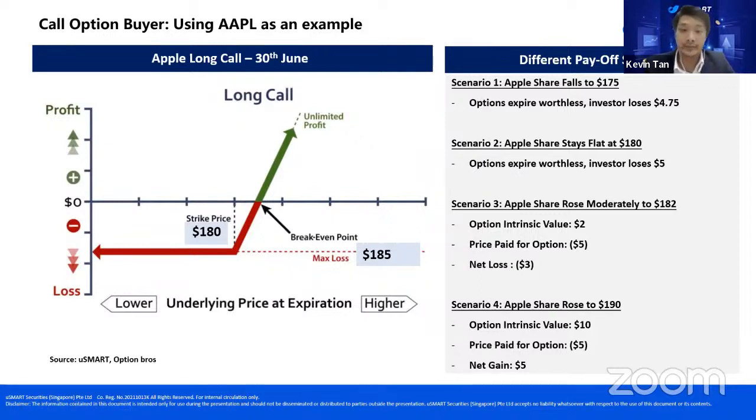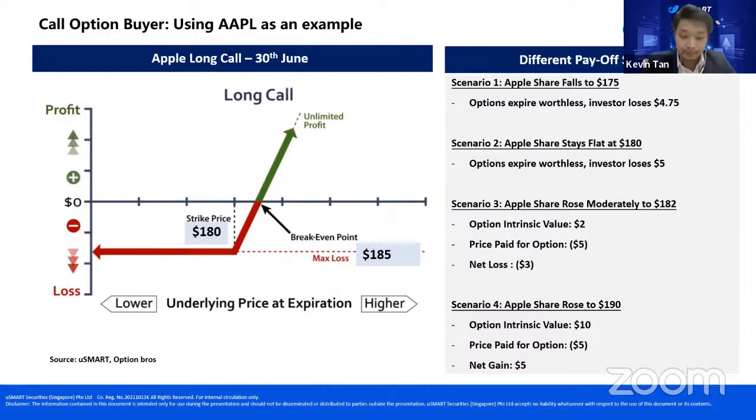So let's go through the few scenarios that could possibly happen. What happens in scenario 1, which is if Apple shares fall to $175 on 30th of June? Your option will expire worthless and you will lose the full premium amount.